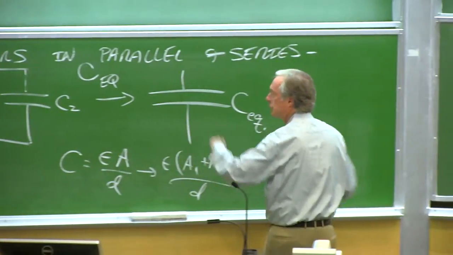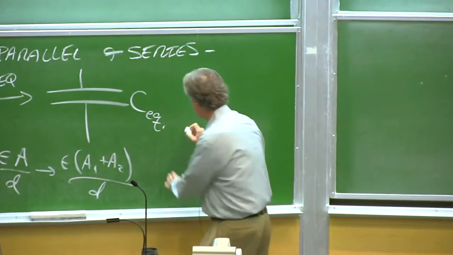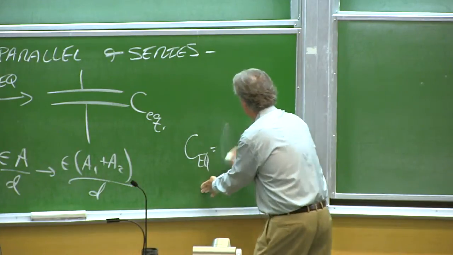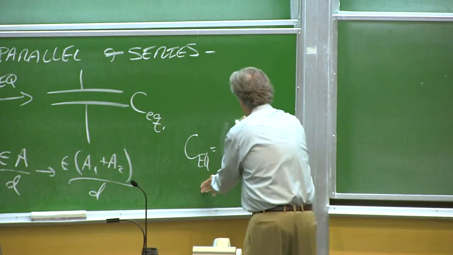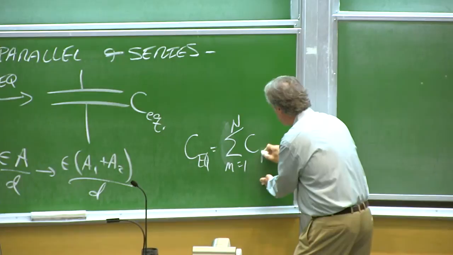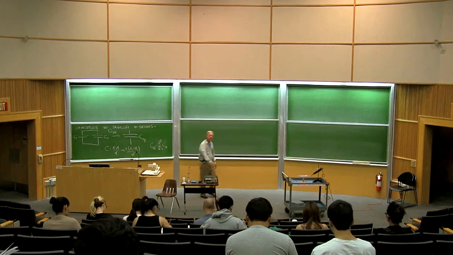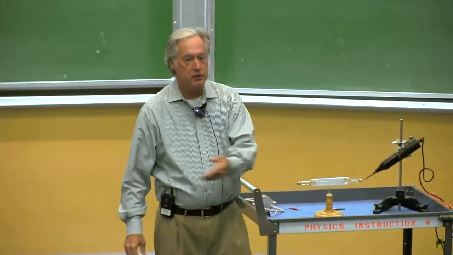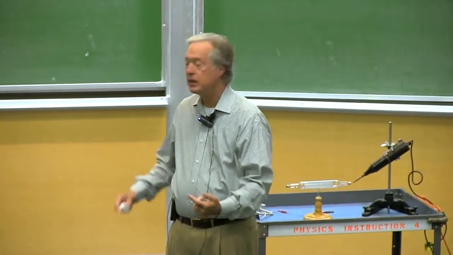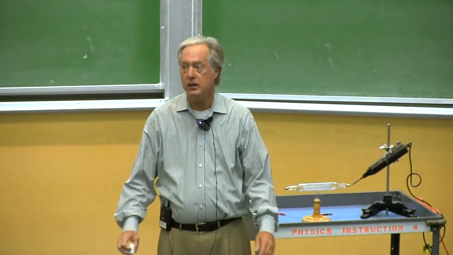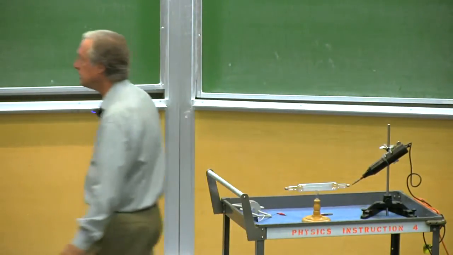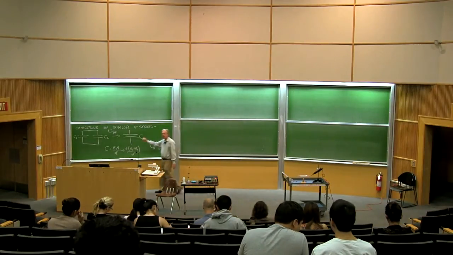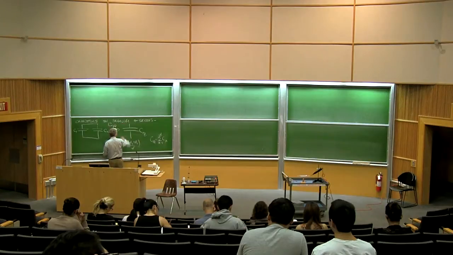So what we see just on the physical basis alone is that C equivalent is equal to the sum of the individual capacitances when we add them in parallel. The mathematical pattern we've got here is the reverse of what the resistor pattern looked like. So you have to think it through a little bit, but on the physics basis, it guides you to what must be happening.